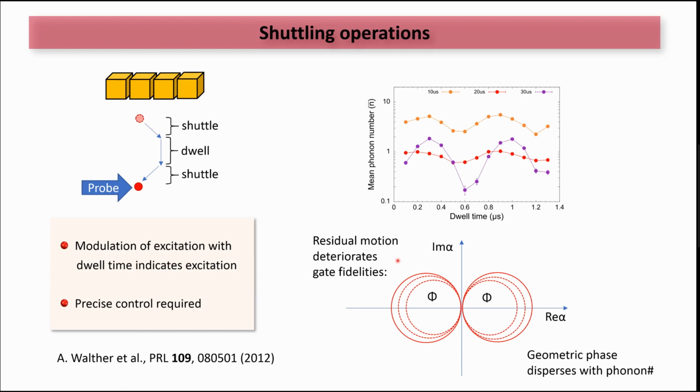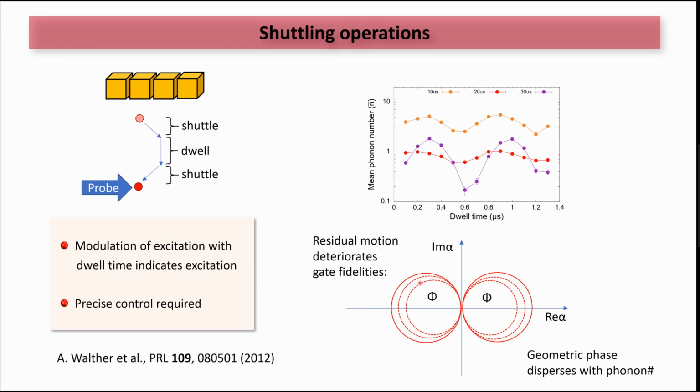The feature of the entangling gates is that the drive coupling strength depends on the phonon number of the gate mode. So if the ion is oscillating throughout the gate interaction, the accumulated geometric phase will depend on the phonon number.